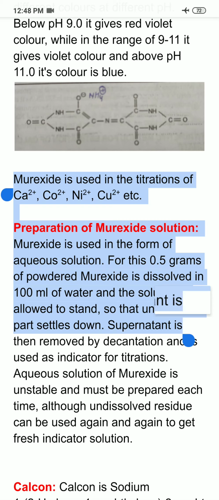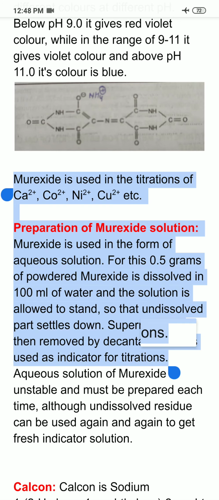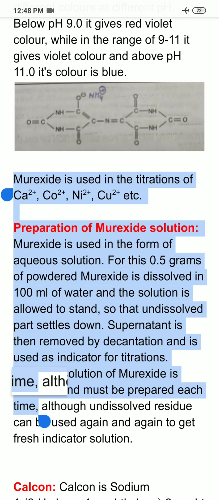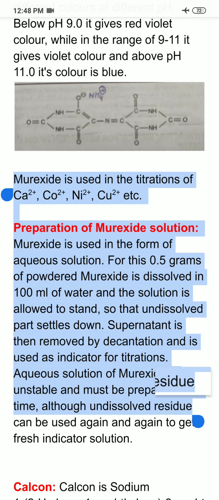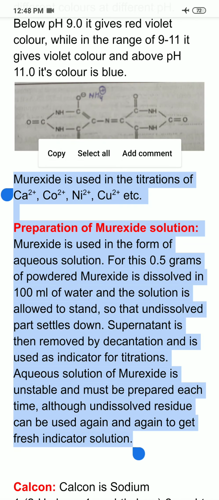By using decantation we can remove the supernatant, and the supernatant is used as indicator for titration. But please note here that the aqueous solution of Murexide is unstable and must be prepared each time, but you can use the undissolved residue again and again by dissolving it in water to get fresh indicator solution.